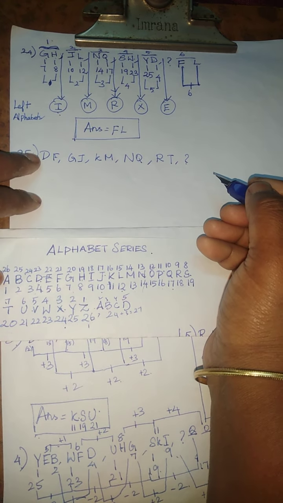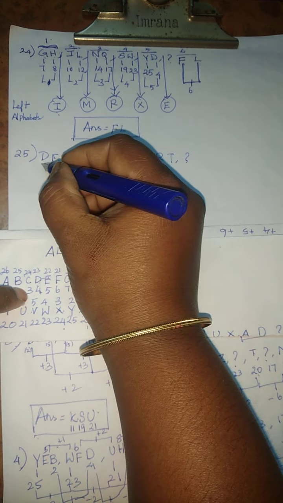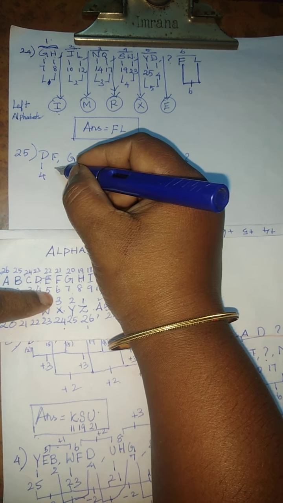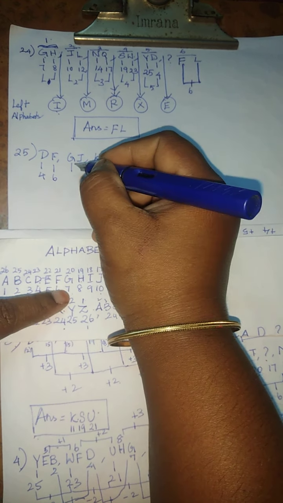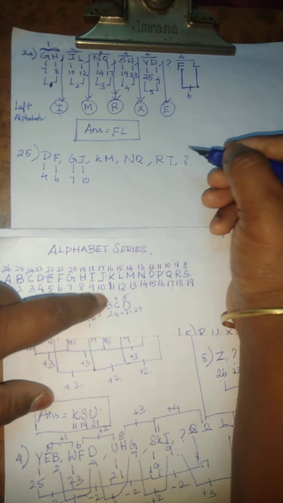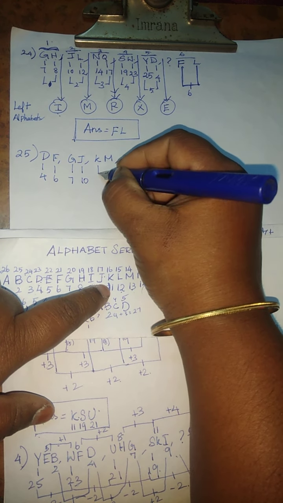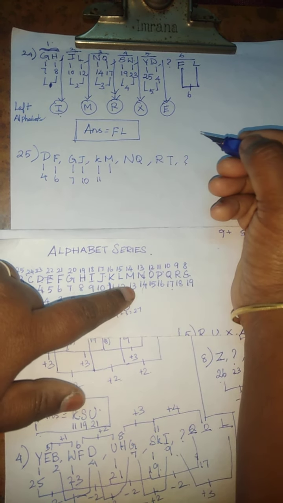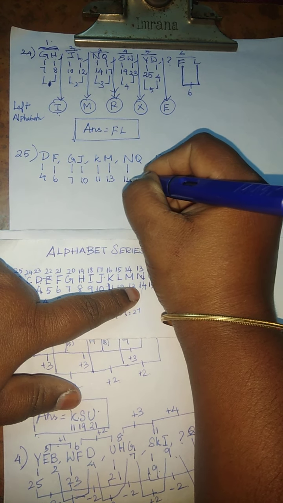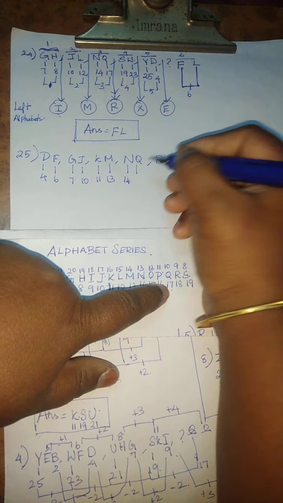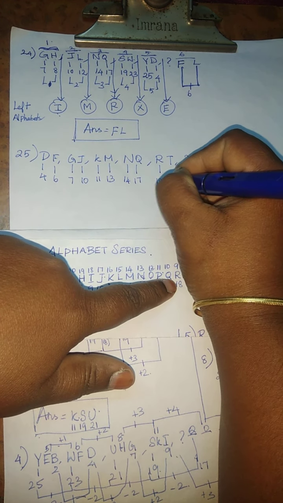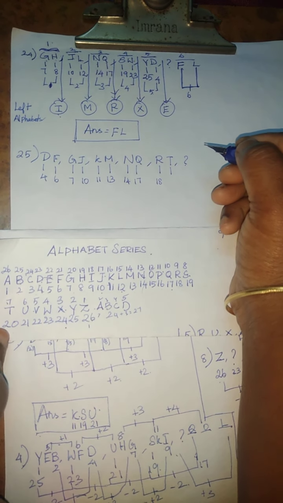So here D is 4 and F is 6, G is 7, J is 10, K is 11, M is 13, N is 14, Q is 17, R is 18, and then T is 20.